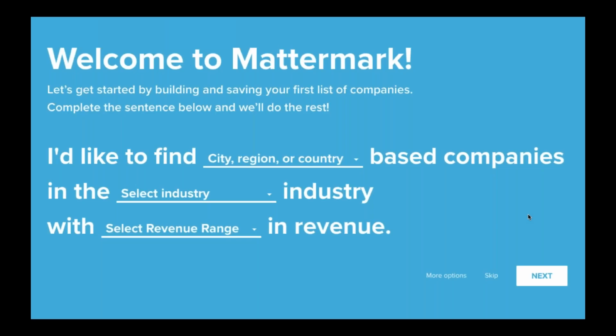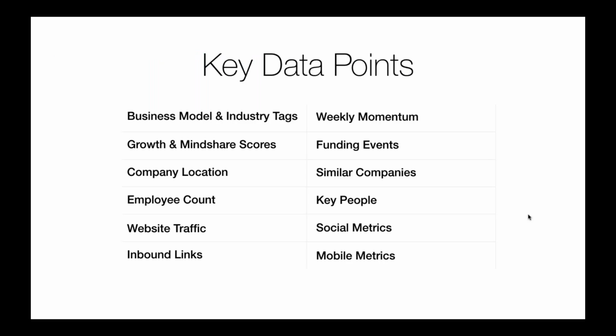This is an example of what you would see once you log into Mattermark for the first time. A very simplified way to query for the type of company that you are looking to target. However, we have many more key data points that we can use as ways to make more specific queries.